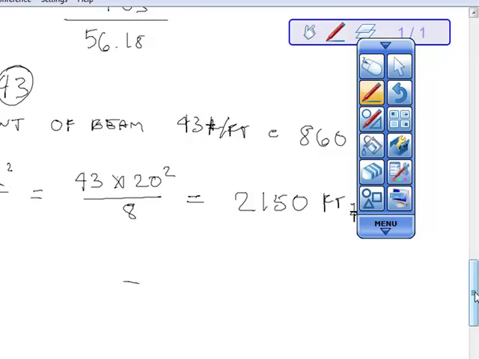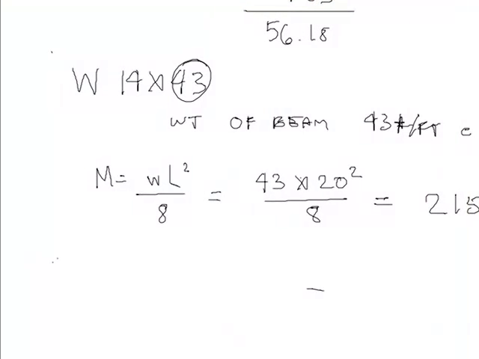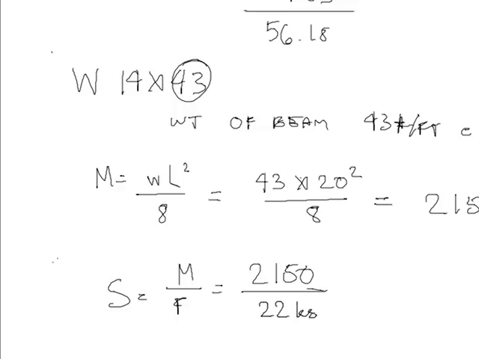We're just checking to make sure we designed this beam right. So S, the section modulus, is S equals M over F, which is going to be equal to 2150 over the 22 KSI from way up there, our allowable bending stress. So that equals what?